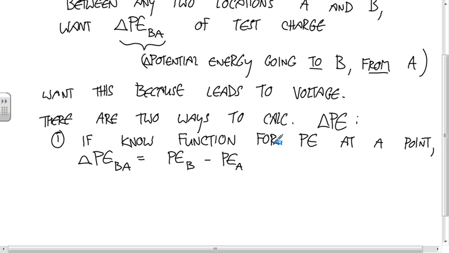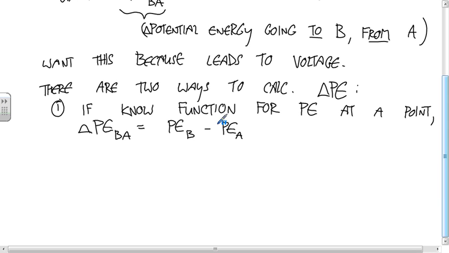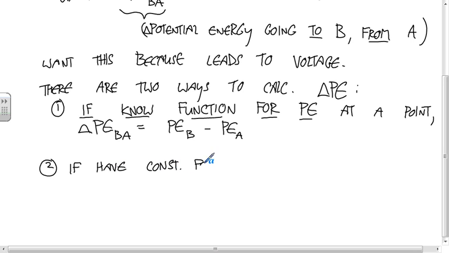But that only works if you know the function for the potential energy, and that's not always the case. There's one other way to approach it. If you don't know that function, but you happen to have a constant force, then the work is equal to the dot product of the force vector times the displacement vector.